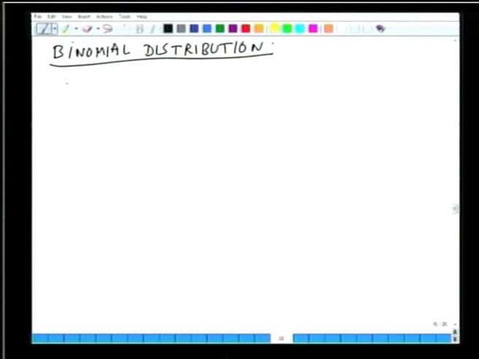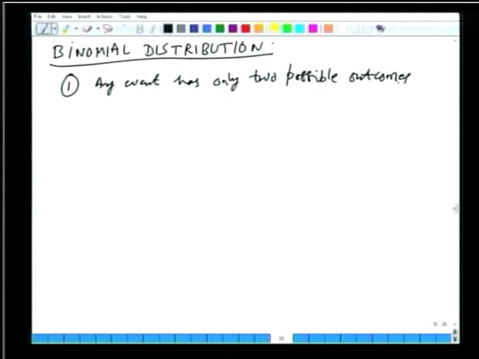So, let me define those things, when it is applicable and what are the criteria under which we can use this. First one of them is that any event has only two possible outcomes. Okay. What do we mean by that?